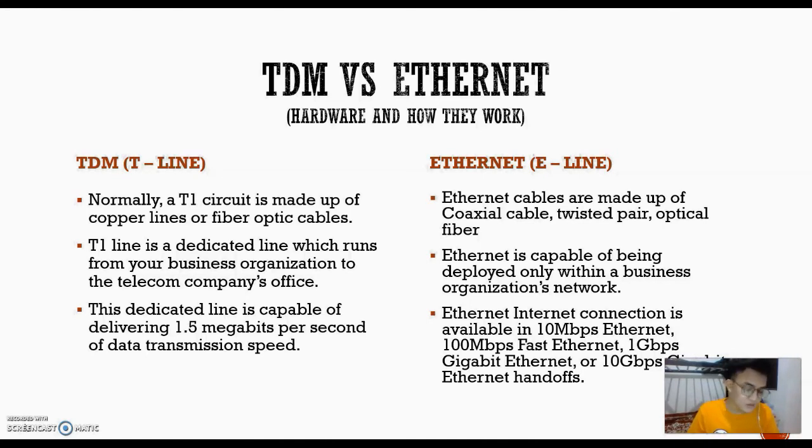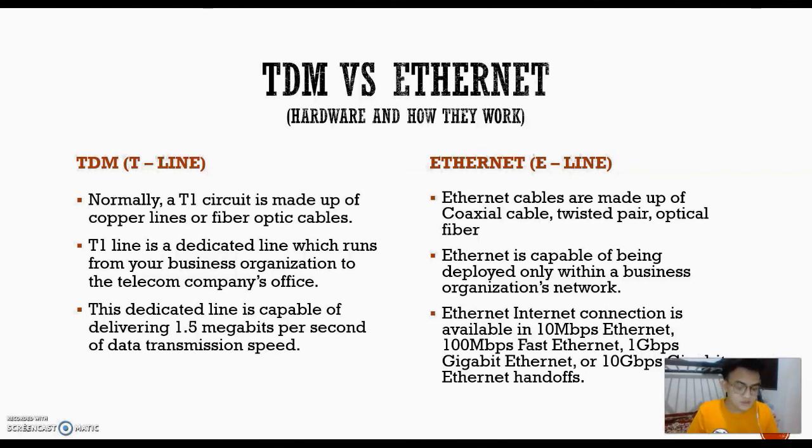One of the most commonly made comparisons when it comes to internet connectivity is that of T-line versus E-line. It is true that both of these technologies are predominantly used for voice and internet connectivity. Therefore, it is indeed useful to check out a few aspects which are common to both of them.